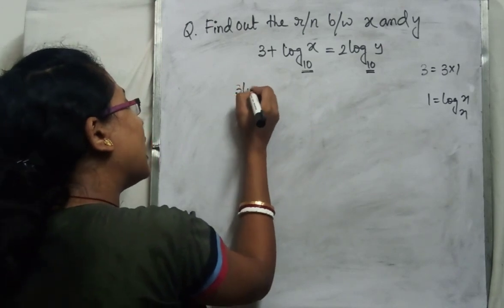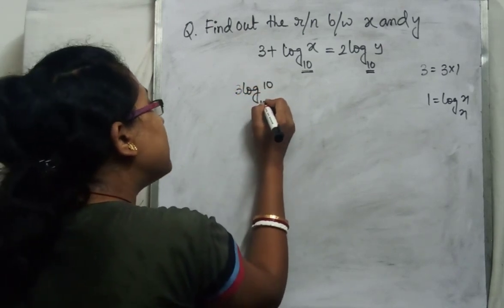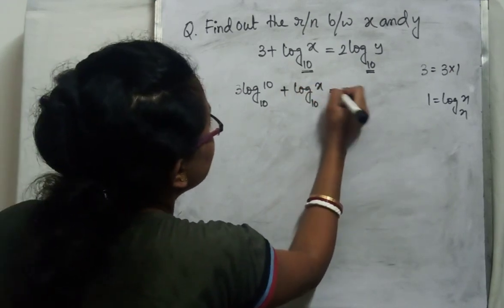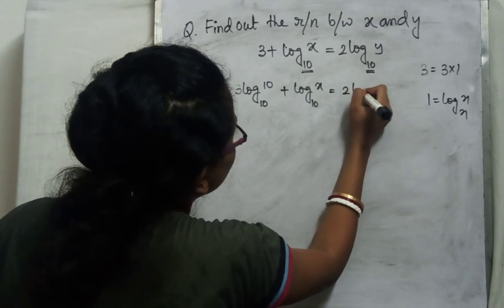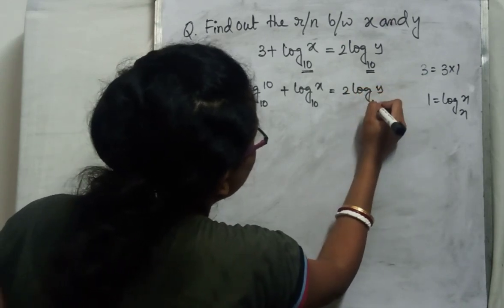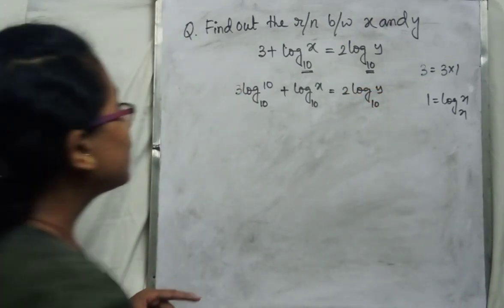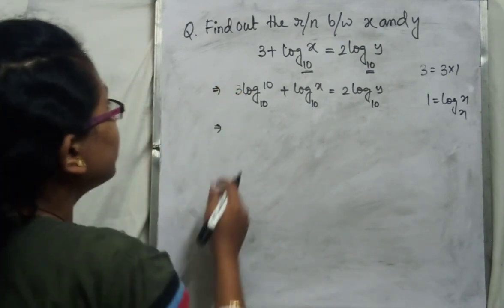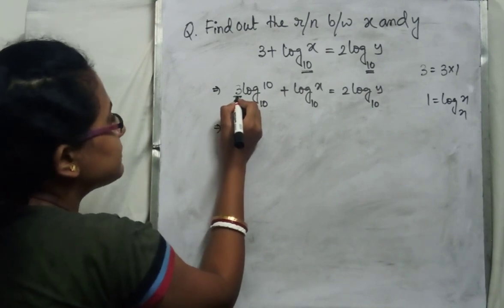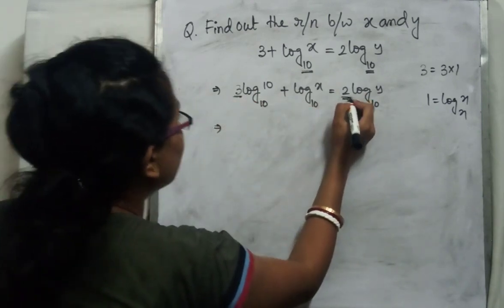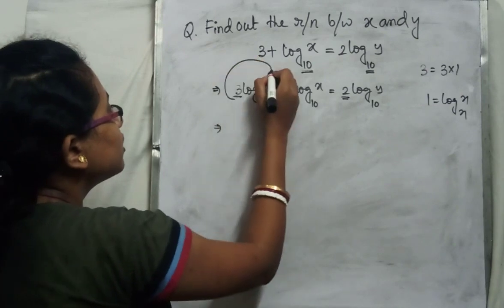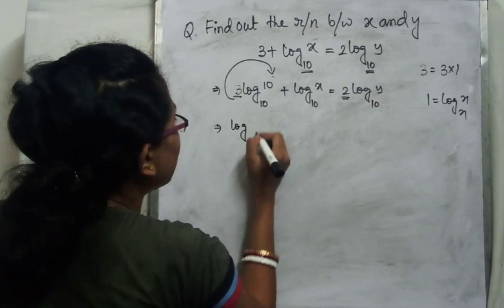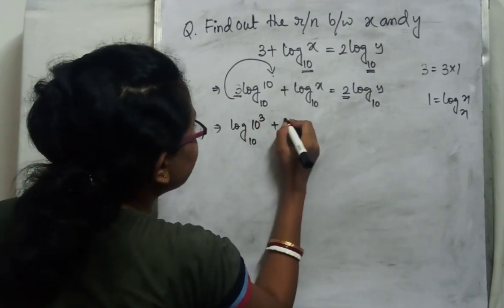So you can write 3 log 10 base 10 plus 3 log x base 10 equal to 2 log y base 10. Okay, now here 3 is multiplied and here 2 is multiplied. So we can put 3 and 2 as powers by the logarithm formula. Isn't it?